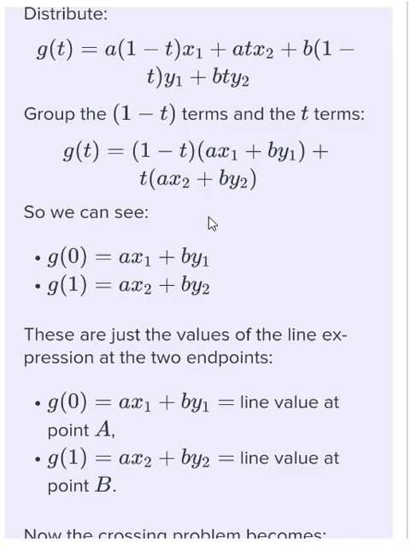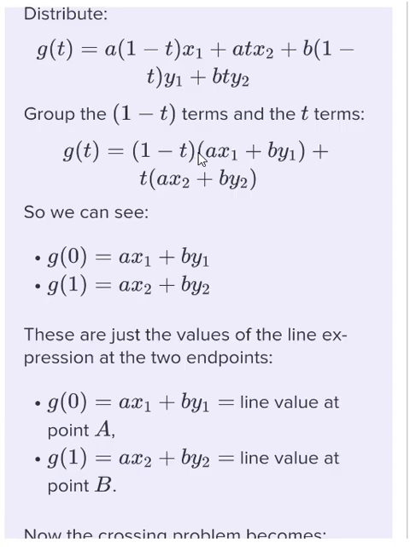Try to understand: once g of t is continuous in the closed interval [0, 1], and g of 0 is less than 0 and g of 1 is greater than 0, then there exists some c in (0, 1) such that g of c is equal to 0.